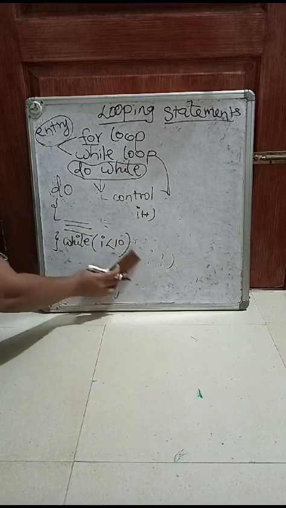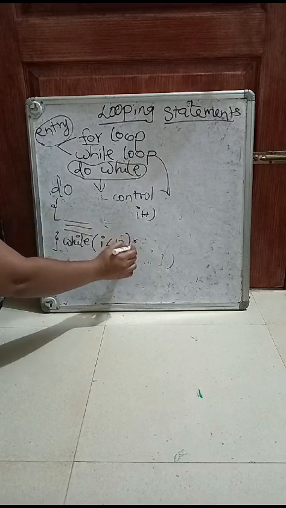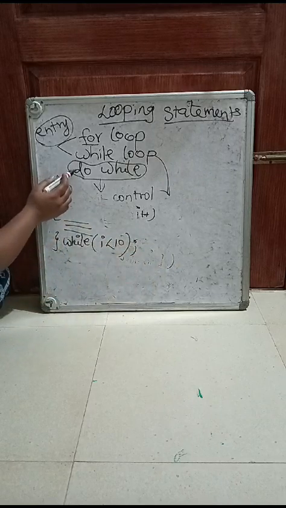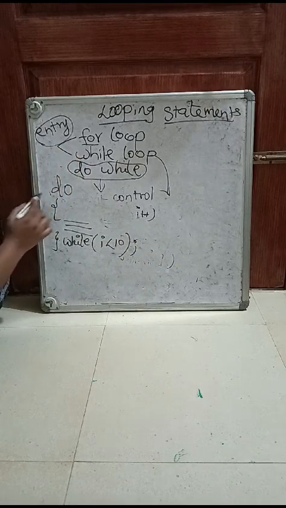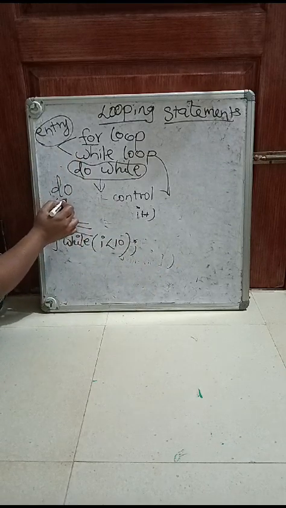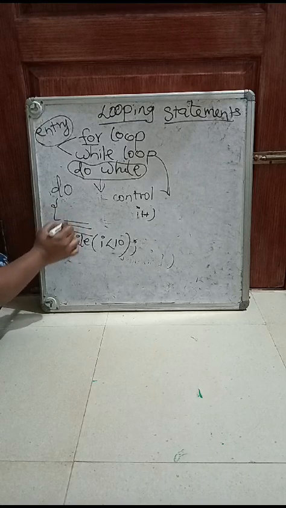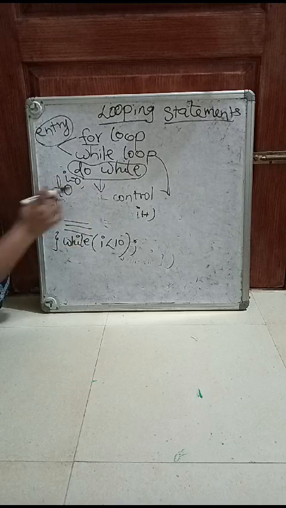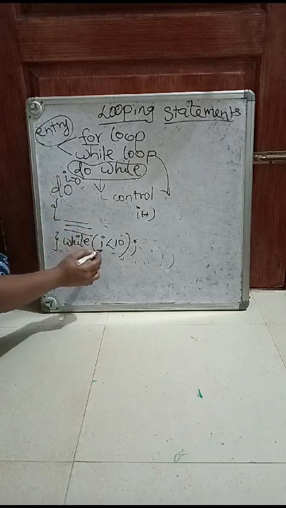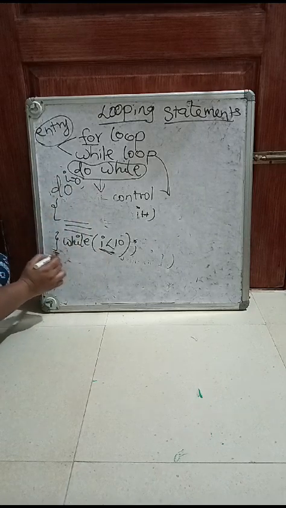In for loop and while loop, I initialized the values at the start and checked the condition at entry level. Here, inside the do loop I have executed certain statements, before that I have initialized the value to 0, and now I am checking the condition at the exit level.